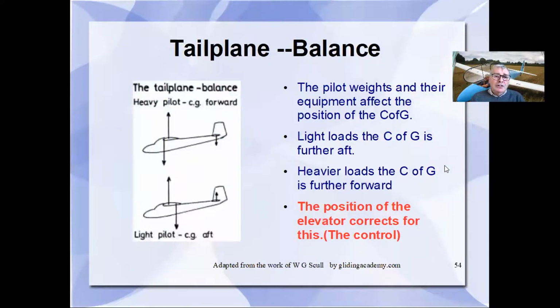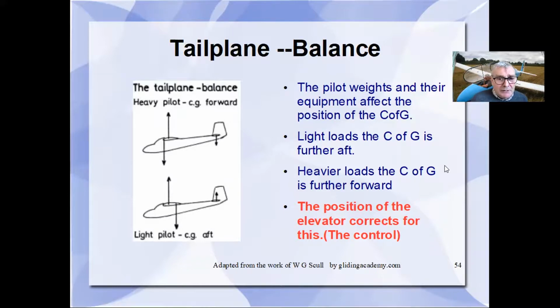If you look at balance first, the pilot's weight and all of his equipment affect the position of the center of gravity. If those loads are light, then the center of gravity will be further back. If they're heavier, on the other hand, then the center of gravity will move forward.